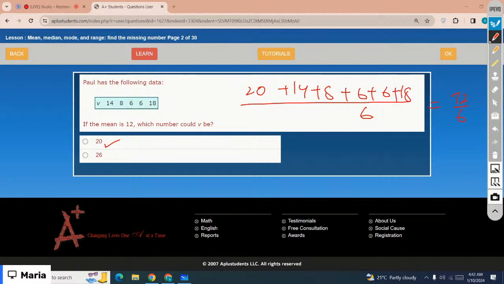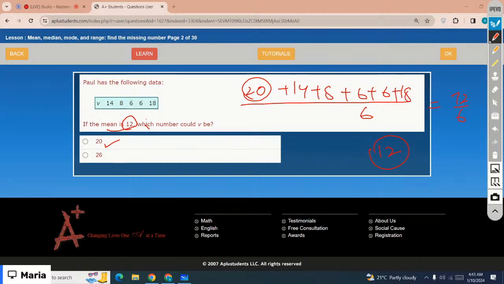72 divided by 6 is 12. That means in the data the mean is 12. So when you replace the V with 20 and calculate, the mean is 12. That means the correct option is 20, right?